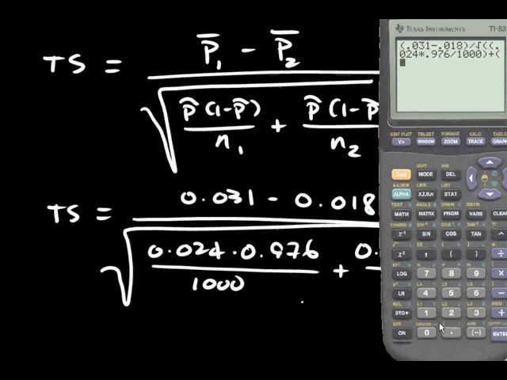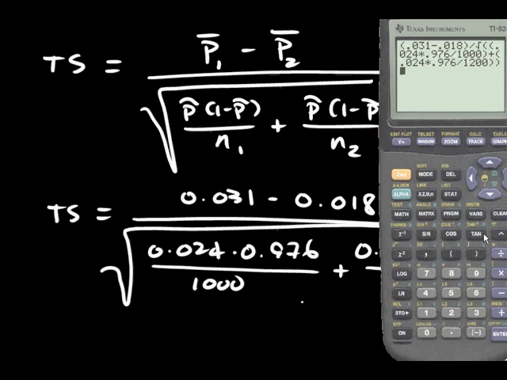Close your parentheses. Now we need to close the parentheses one final time to communicate to the calculator that everything between the original open parenthesis and this last closed parenthesis is under your radical, which it is. You can now hit enter.